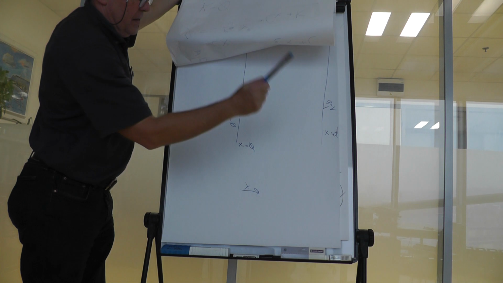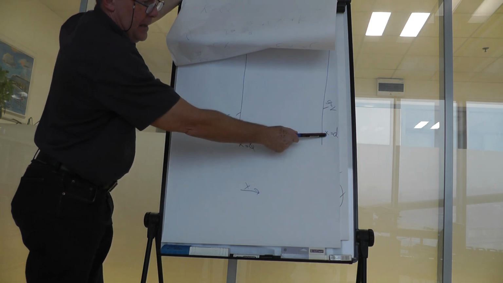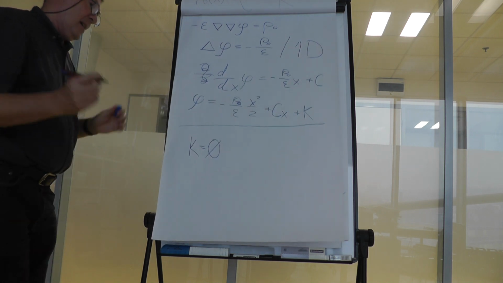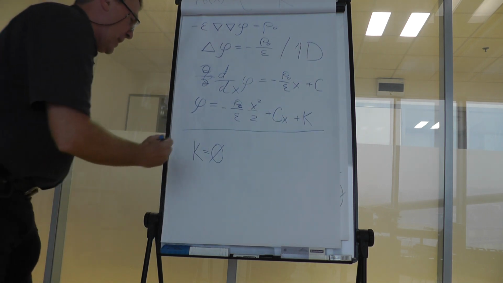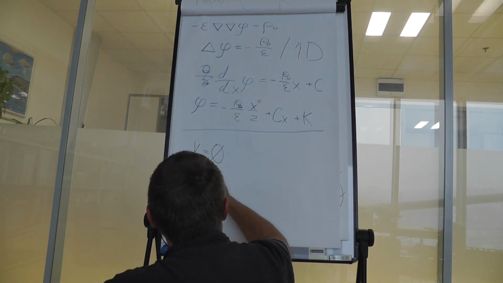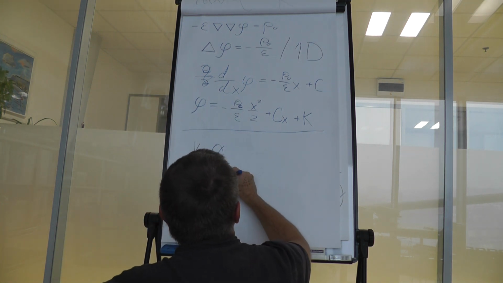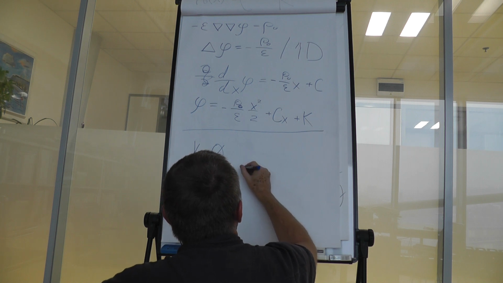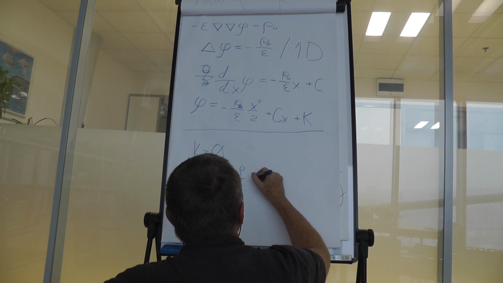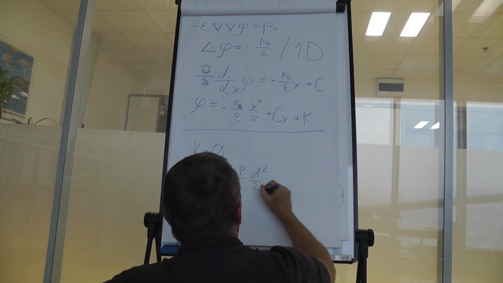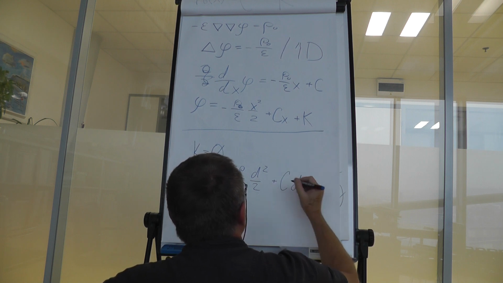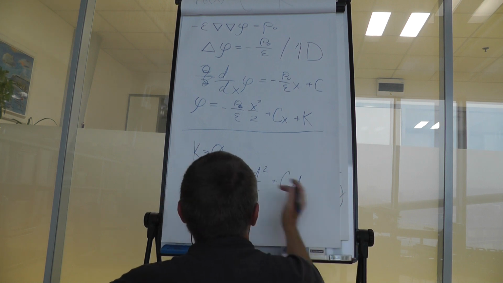Substituting d for x and v for phi, we would get a bit more tricky equation, which is v is equivalent to minus charge density divided by permittivity, d squared divided by 2, plus c d, k is 0, so this is the equation.